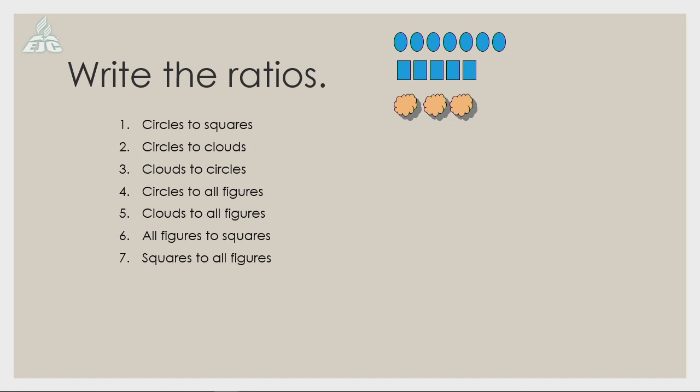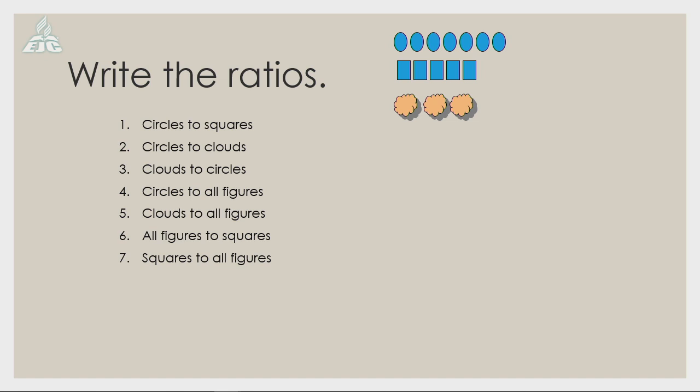Now we're going to see if we can compare these objects. The first one asks us to compare circles to squares. What would be the ratio for that? As we go on, you're going to write or sketch your answer somewhere, maybe in a book.